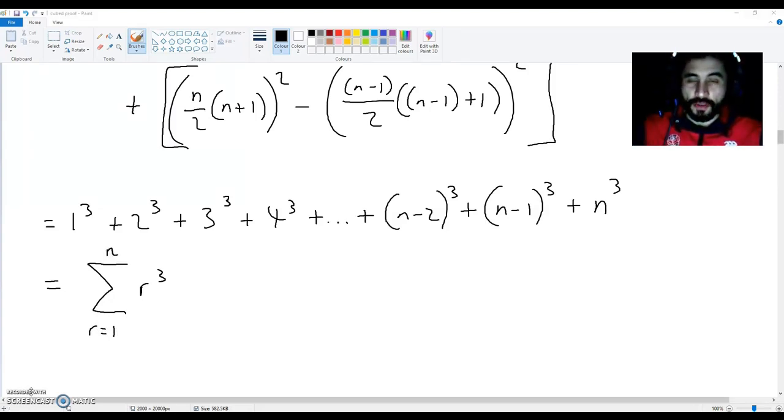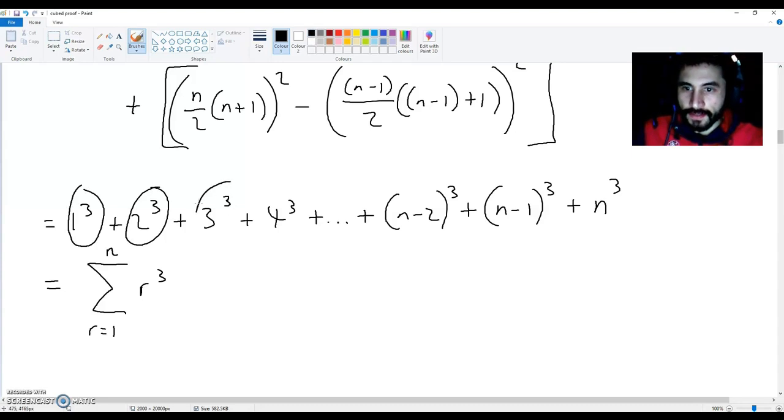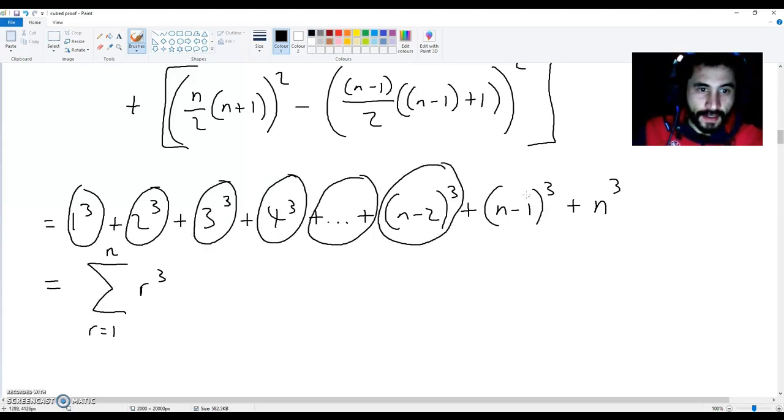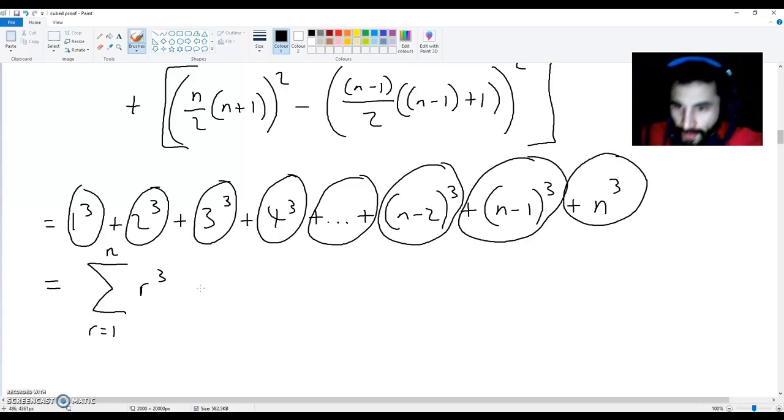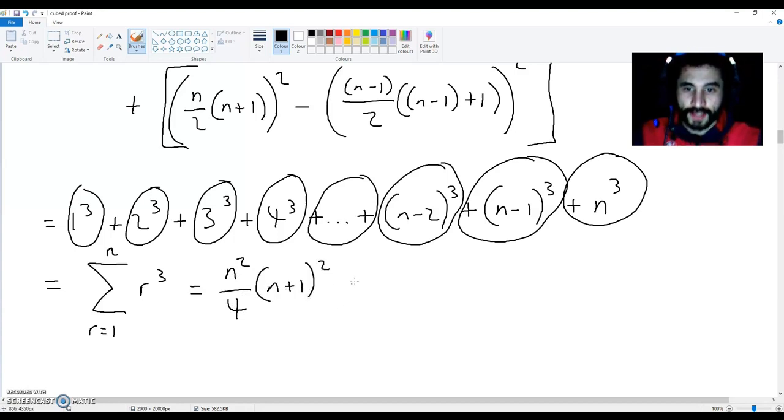Now here's the special part. Because all the shaded areas make up the entire big square, we end up with this being equal to n squared over 4 multiplied by n plus 1 squared.